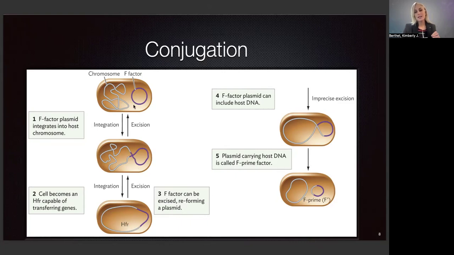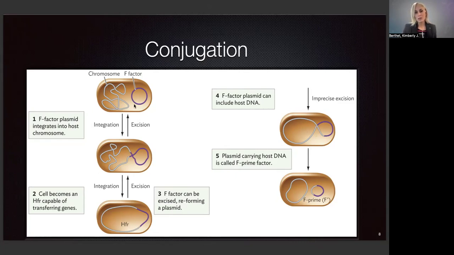Now, a unique thing can happen with this high frequency of recombination with HFR. When it is incorporated into the genome like this, if it goes to cut itself out, it can accidentally cut at the wrong point. So here we see when we cut it out, excision, the plasmid is in purple, representing the original plasmid DNA, where the chromosome itself over here is in this white color.